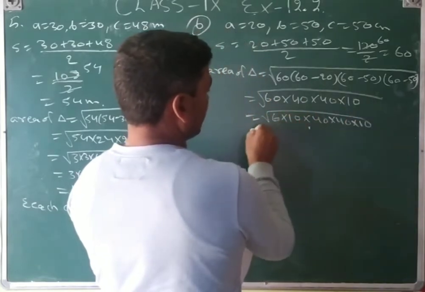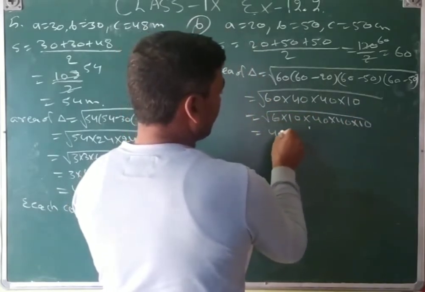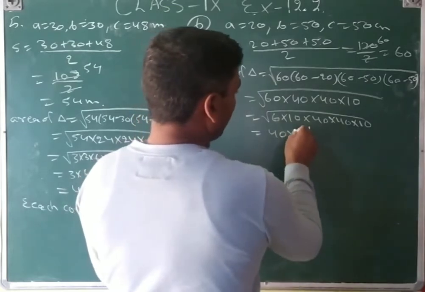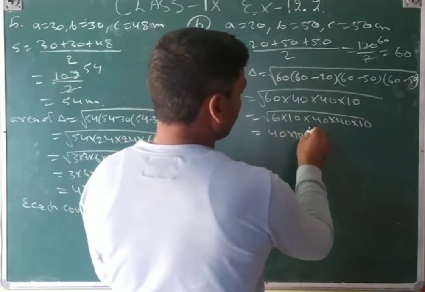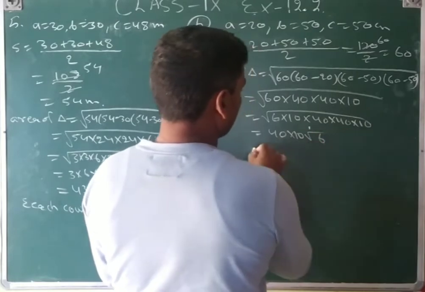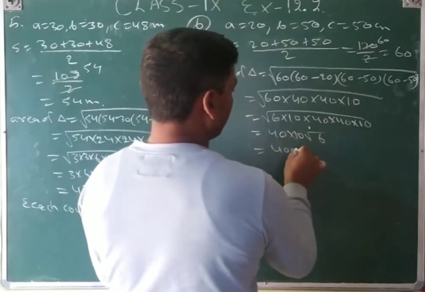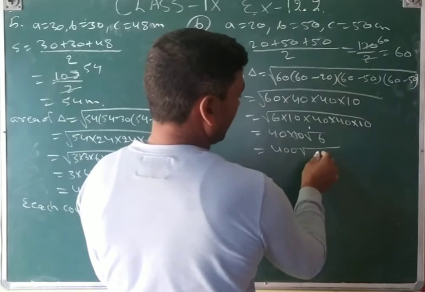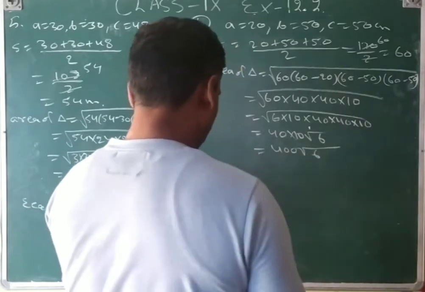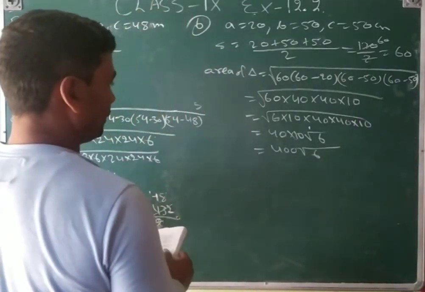Only 6 10 is 60. 40 into 10 is coming outside, that is inside the 6. So 4 1 is 4, 400, 400 under root 3. This is the area of a triangle.